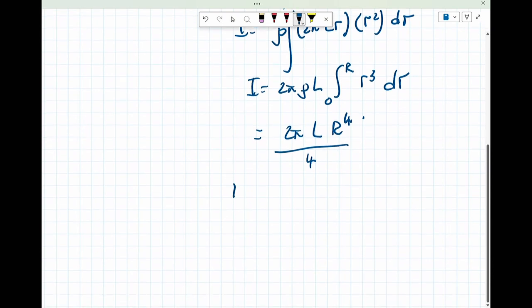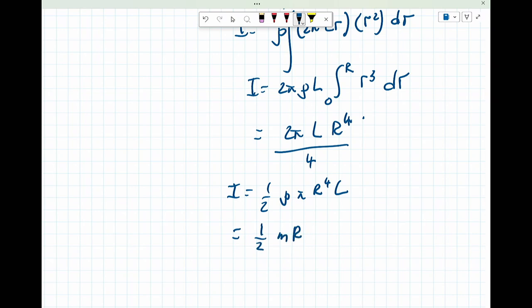If you do the calculation, you end up with 1/2 rho pi r to the 4th L, which, if you substitute in for the mass, gives you 1/2 m r squared.